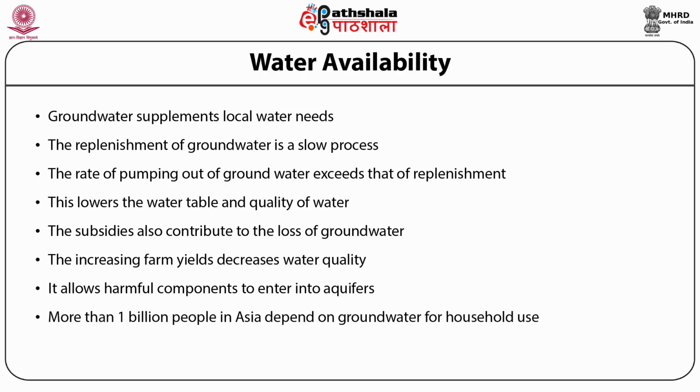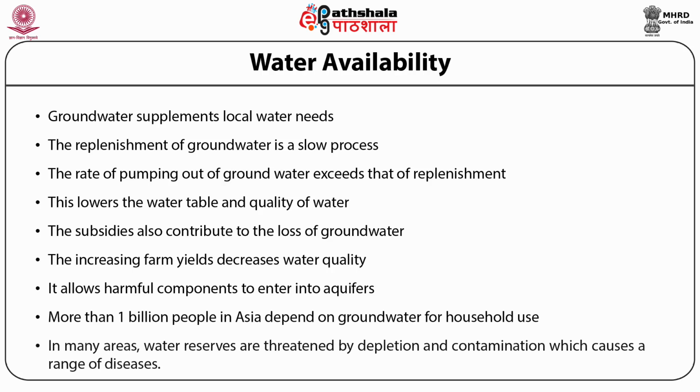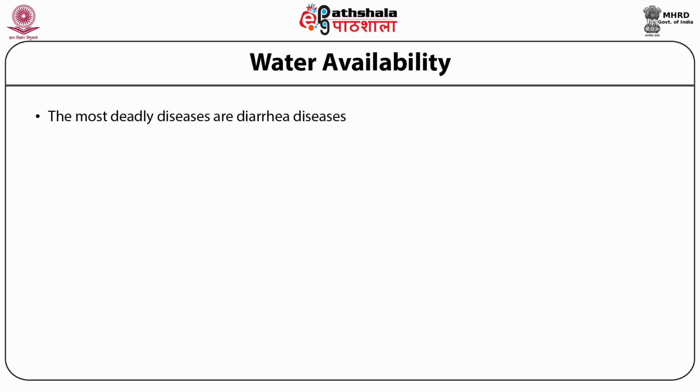More than 1 billion people in Asia depend on groundwater for household use. In many areas, water reserves are threatened by depletion and contamination, which causes a range of issues. The most deadly disease is diarrhea.